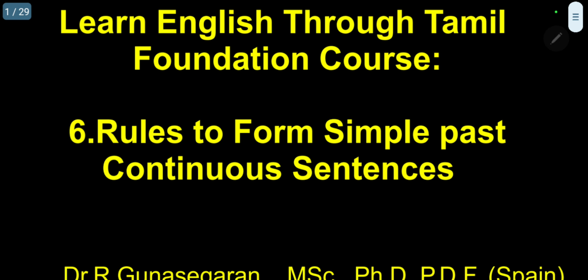These simple sentences, based on tense, we can classify into three types: present tense, past tense, and future tense. Present tense we can further classify into four types: simple present, simple present continuous, simple present perfect, and simple present perfect continuous sentences.